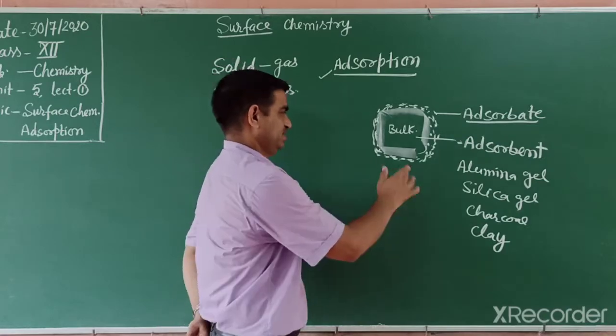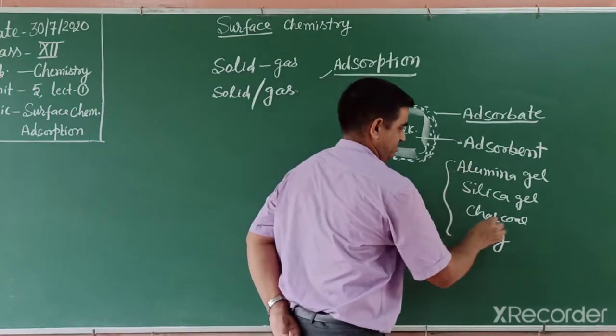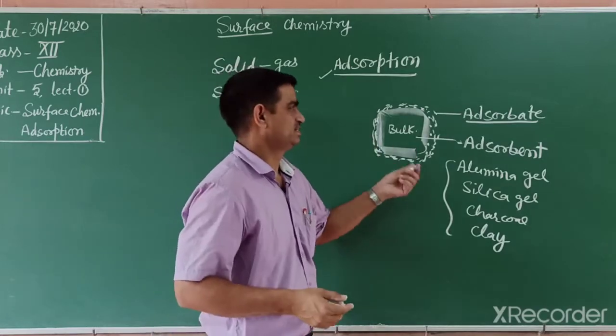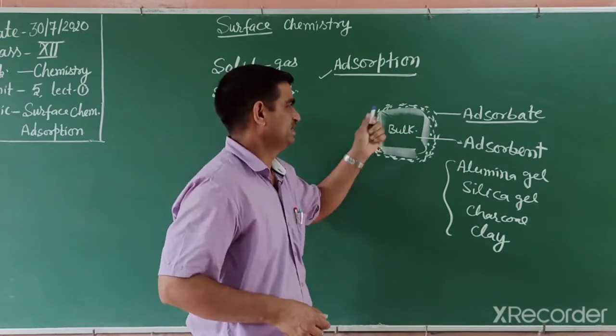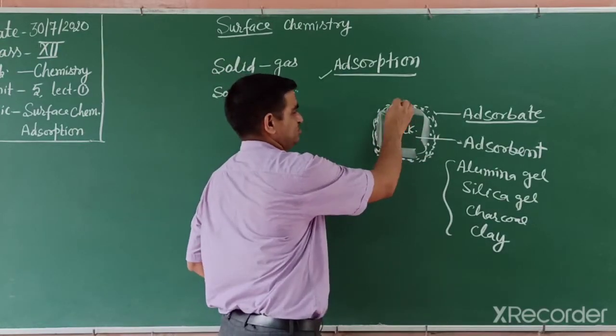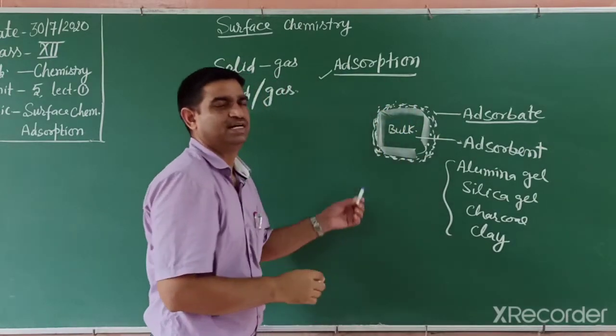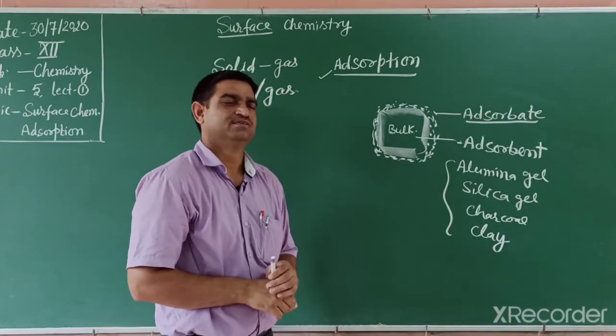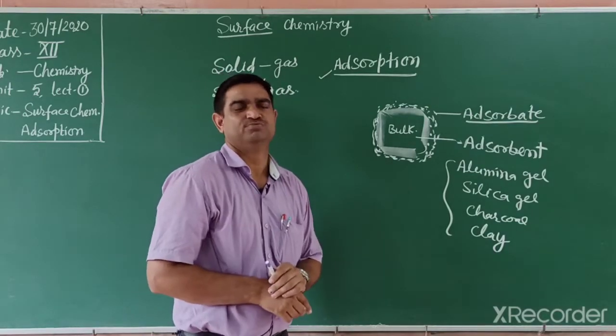So these are good adsorbents because they adsorb. Here calcium carbonate acts as the adsorbent and the ink is the adsorbate. The adsorbate is the substance that occupies the surface, generally any gas or other substance that can easily adsorb.